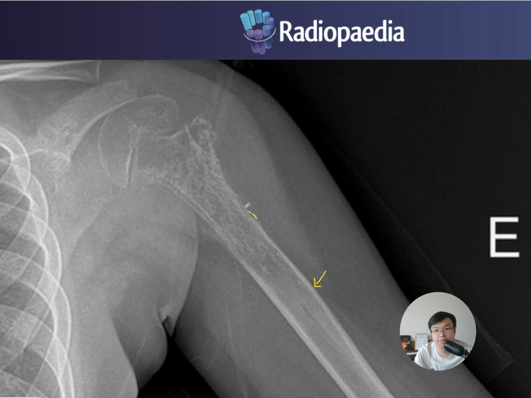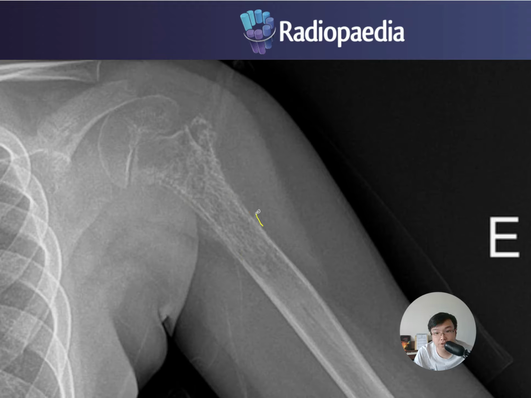So what I would expect is a much smoother periosteal lining and endosteal lining, and then a gradual tapering down in the thickness like this. Actually, you do not see the normal cortical lining. Both the endosteal and the periosteal lining are very fuzzy, very irregular, so it must be something abnormal.